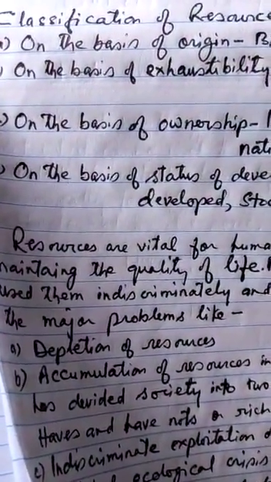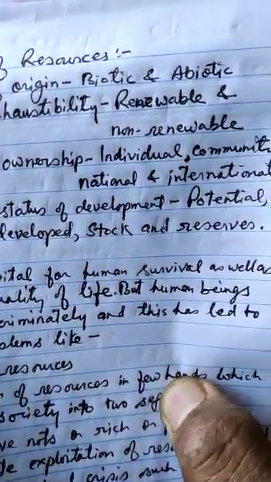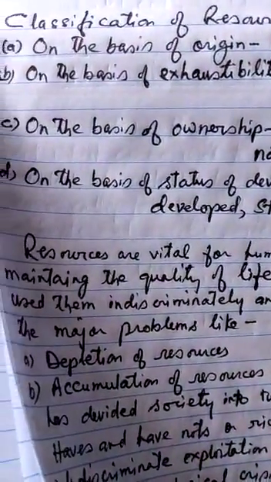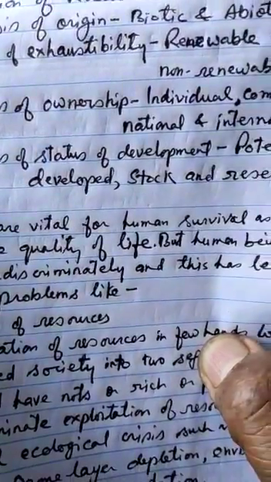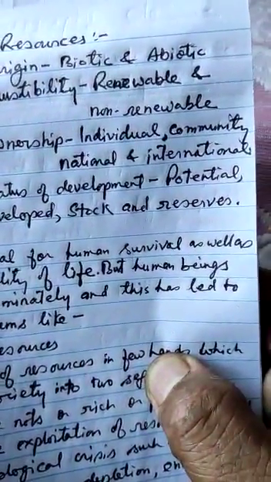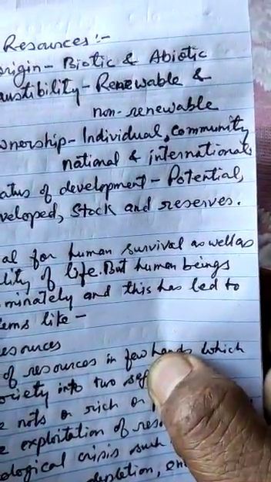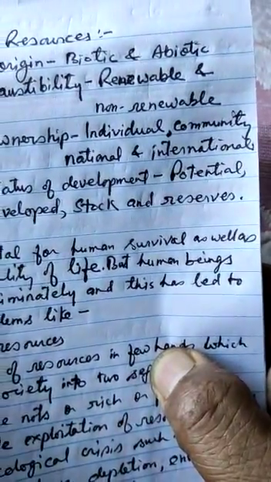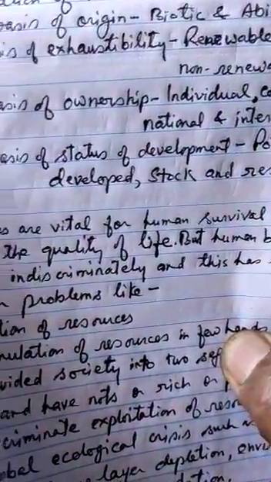The second classification is on the basis of exhaustibility, that is renewable and non-renewable. Thirdly, on the basis of ownership, who owns the resource. According to that, it can be classified into four parts: individual resources, community resources, national resources and international resources.